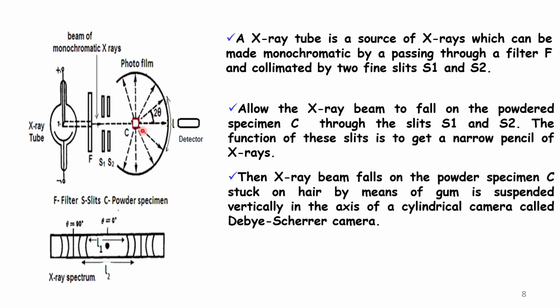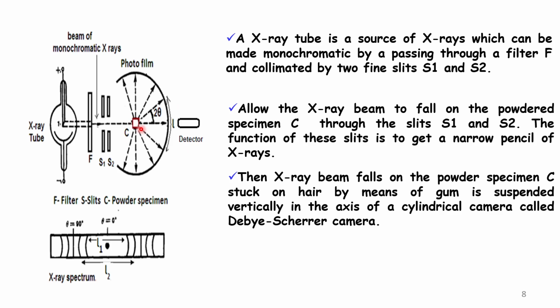The X-ray beam falls on the powder specimen C, which is stuck on a hair by means of gum, and it is suspended vertically in the axis of the cylindrical camera called the Debye camera.